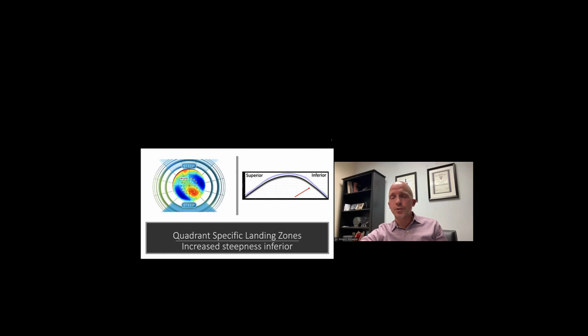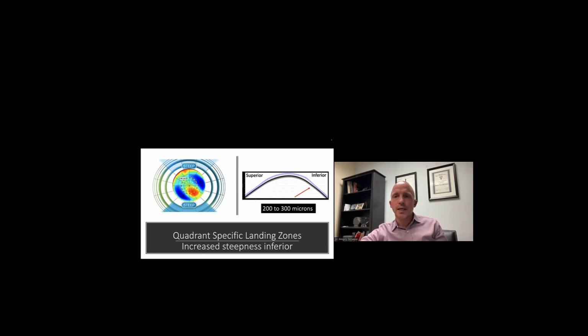Well, what can we do if this happens to help these patients have a better fit or more central fitting scleral contact lens? The answer is that we need to fit them with a quadrant-specific design. That means increasing the inferior steepness of the scleral contact lens to better match that steeper scleral quadrant. How much?